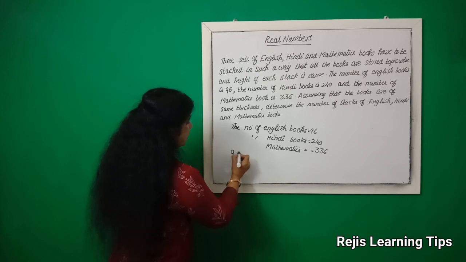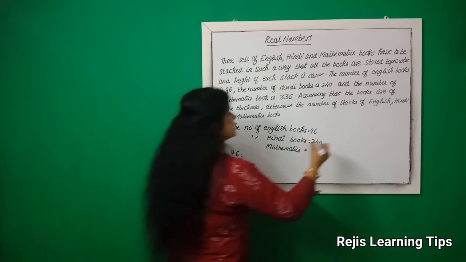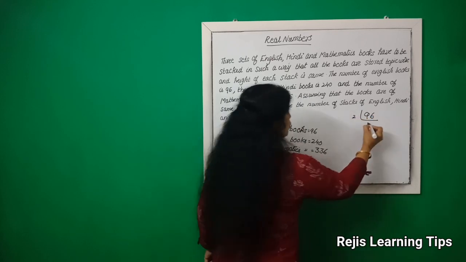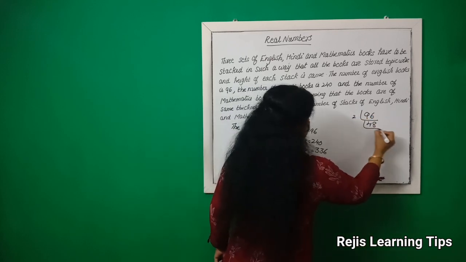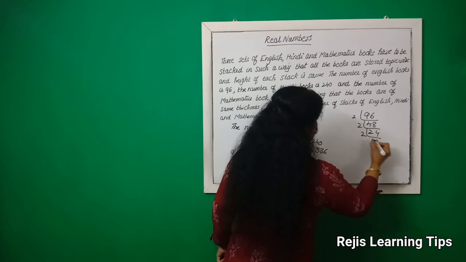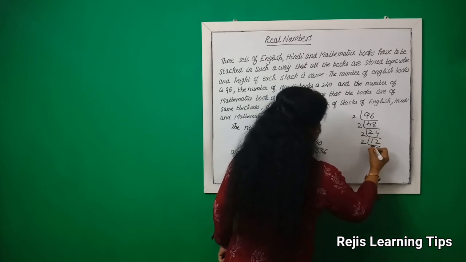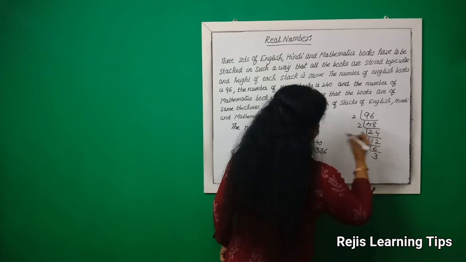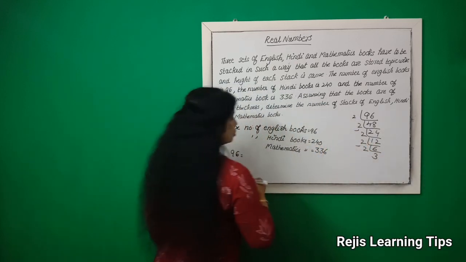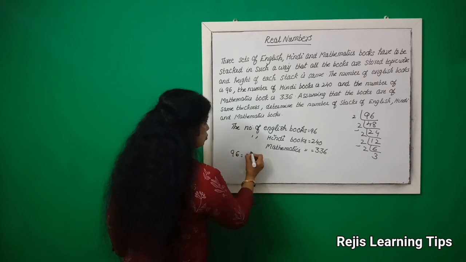First we have to factorize 96, prime factorization of 96: 2, 48, 24, 12, 6, 3. So 96 is 2 raised to 5 into 3.